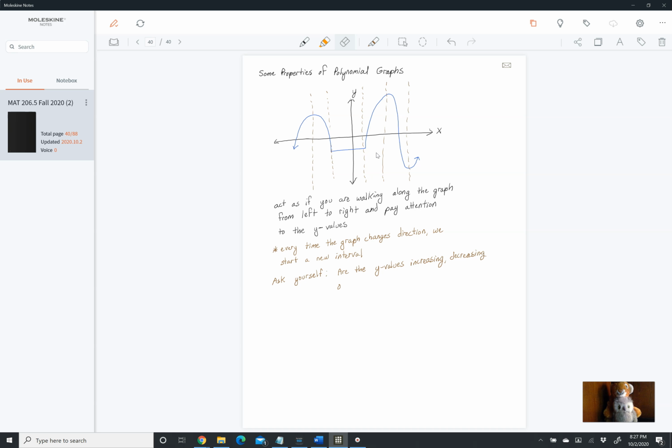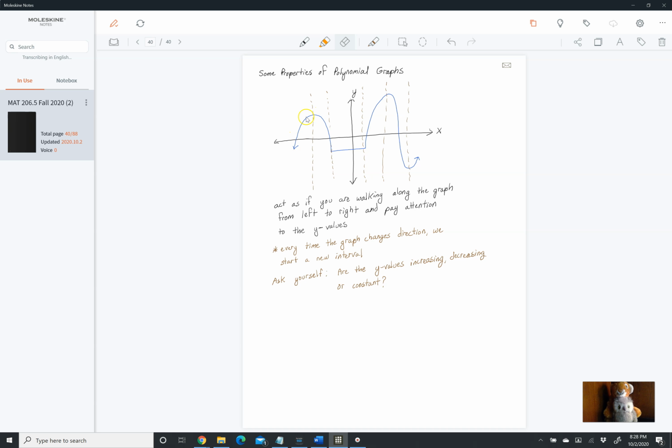So this is the first part of the graph. So let's start from left to right. Here, this is starting from really way down. But as we walk in this interval, what's happening to the y values?